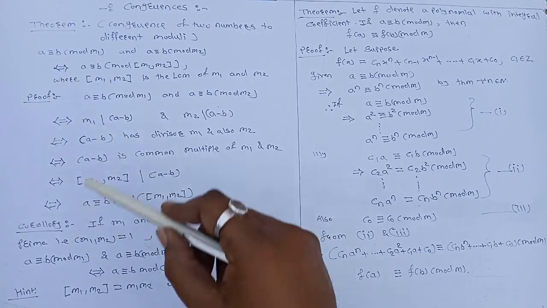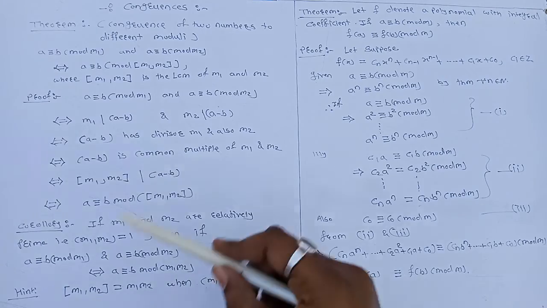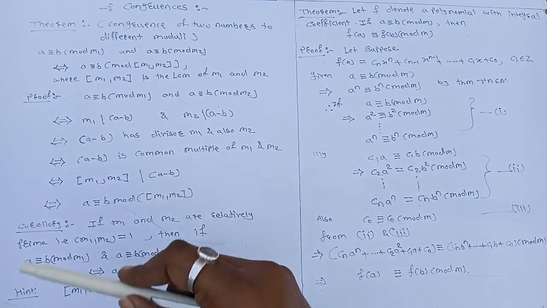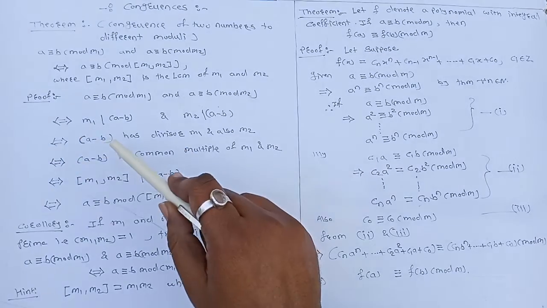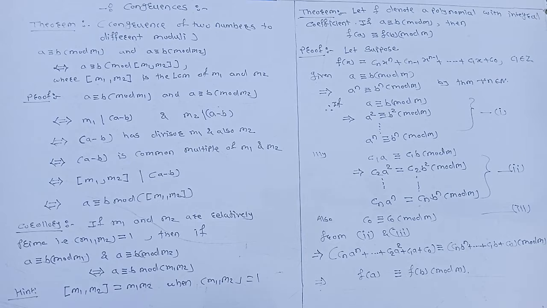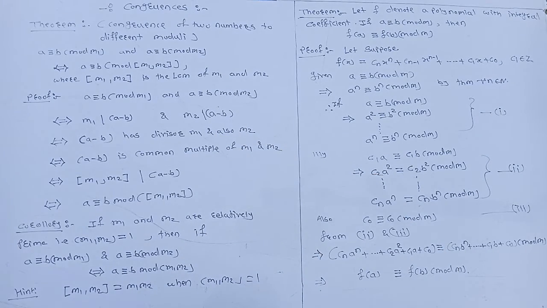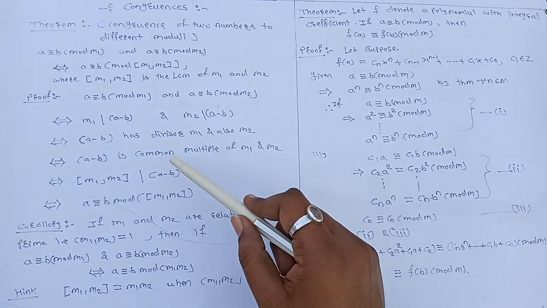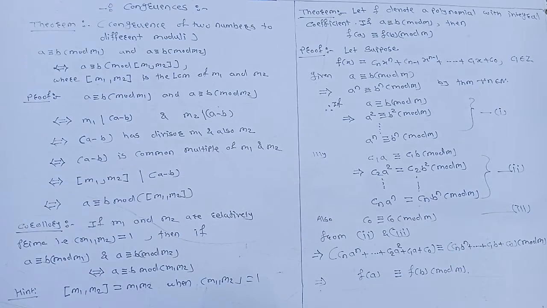That means A minus B has a divisor M1 and also a divisor M2, if and only if A minus B is a common multiple of M1 and M2.